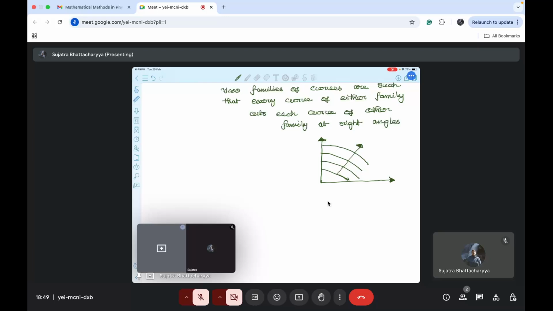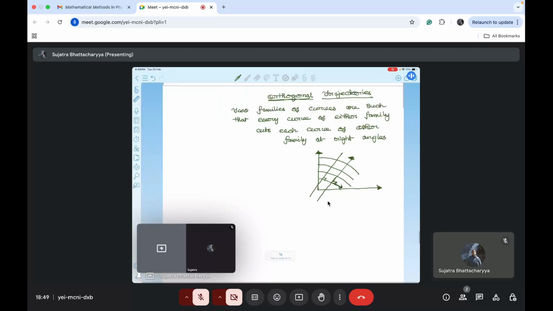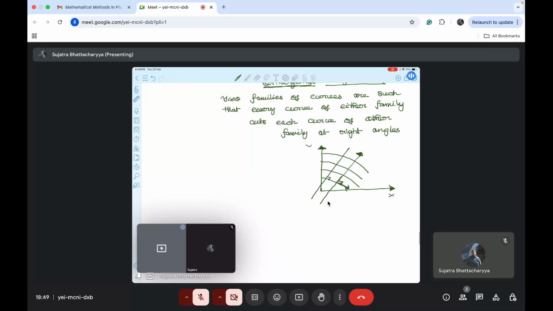So if you draw a tangent from this particular curve, these lines will be at 90 degrees. So this is a set of straight lines, and these are kind of circles, I would say. So this is one of the examples of orthogonal trajectories.